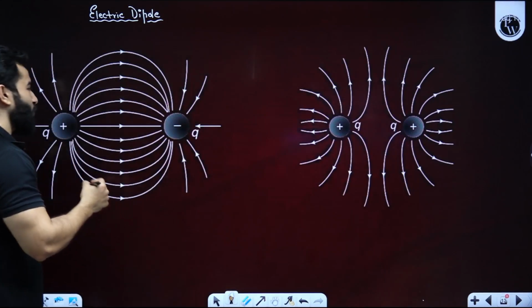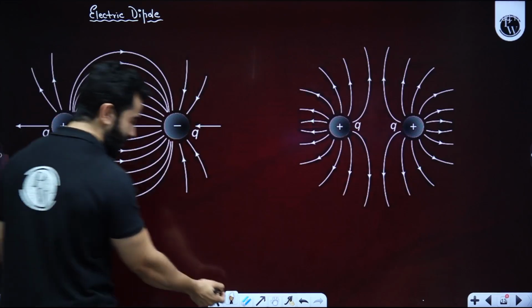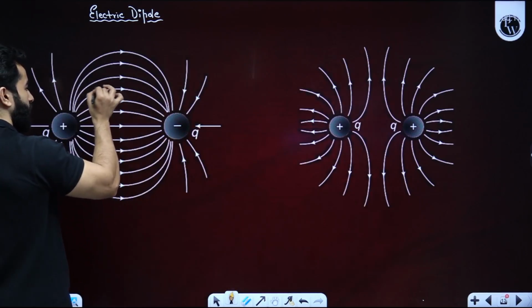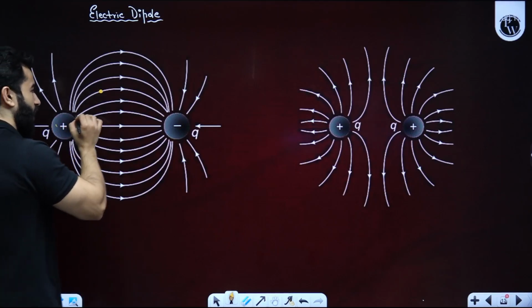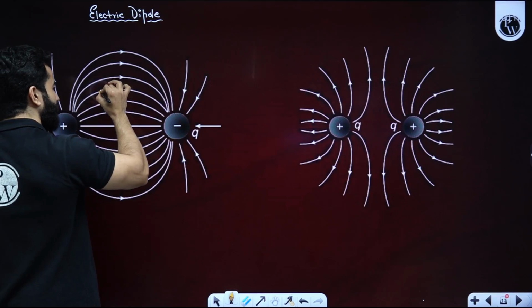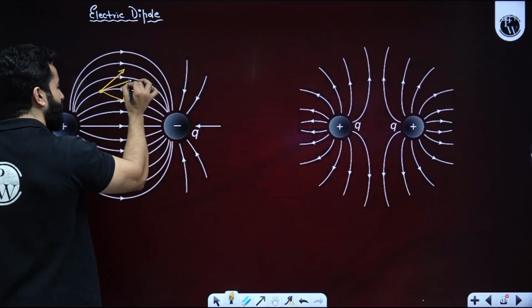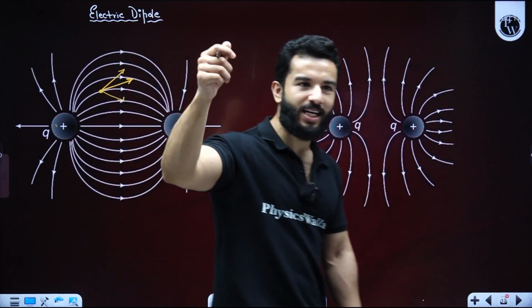If you want to know why it is like this, let's understand that we have a positive charge kept at this point. This plus q charge will actually repel it. This negative charge will actually attract it, and the net force will be in this direction, which is nothing but the direction of the tangent. So this is how we are making curves.